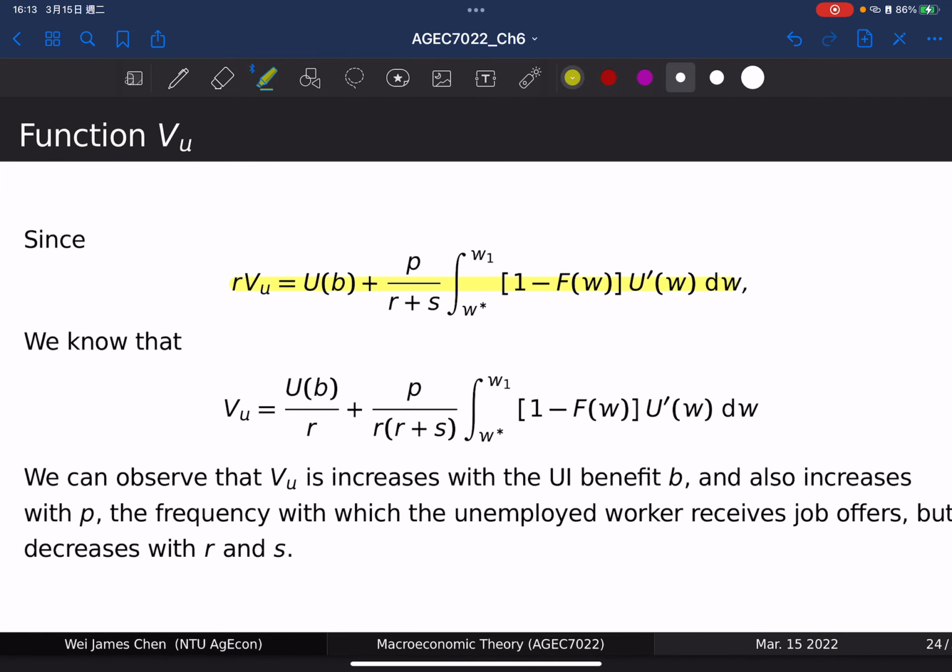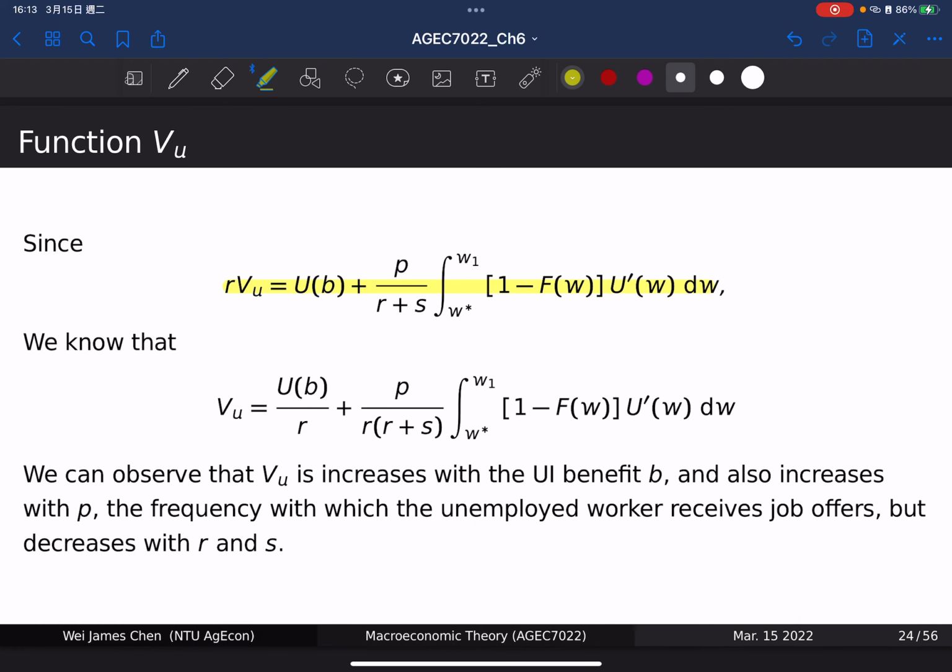Now, since I have this whole thing, what I can do is simply divide by r and get VU equal to b divided by r plus a constant times this whole thing. And I don't need to do the differentiation. I can easily observe that VU is increasing with the unemployment benefit b.